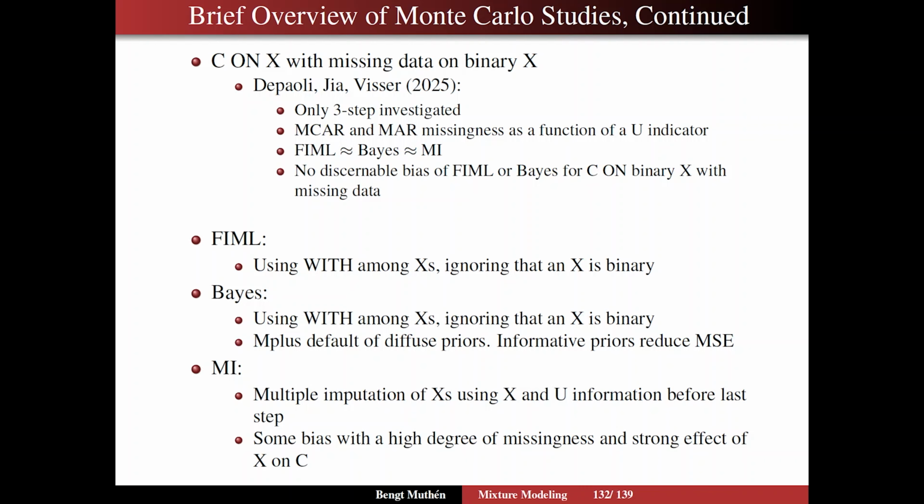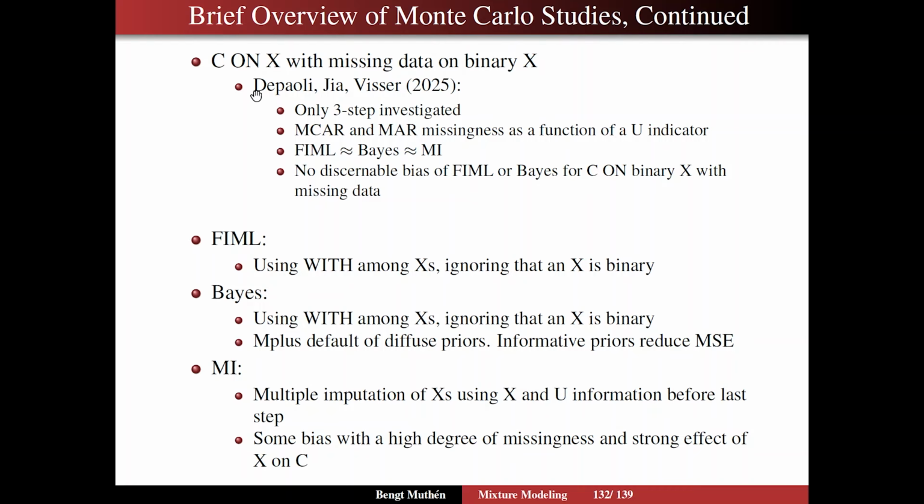Slide 132, then we take a look at the case where you have C on X with missing data on a binary X. So that gets close to what we've been concerned with here for missing data on covariates, and my discussion about X1 being binary and ML being an approximate method.